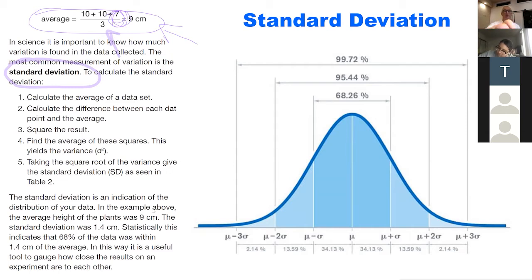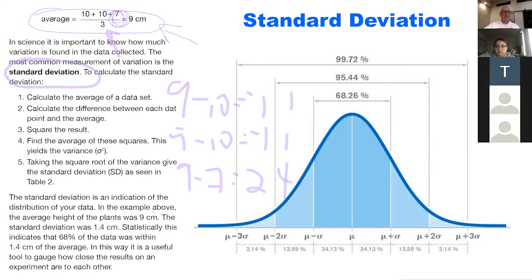So in this case, the average is 9. And so one of them is 10. So the difference is -1. Another one is 10. So the difference is -1. And another one is 7. So that difference is 2. So then we square them. So that is 1, 1, and 4.